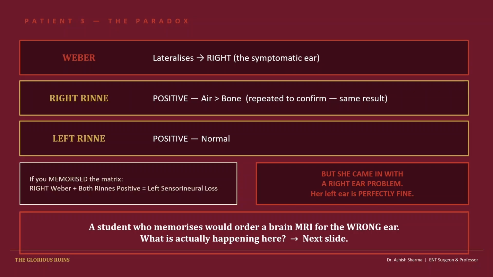Her left ear is perfectly fine by history. So, how can the diagnosis point to the left? A student who memorizes would order a brain MRI looking for left sided nerve damage. Send an entirely healthy left sided nerve for unnecessary investigation and completely miss what is actually happening. So, what is happening?